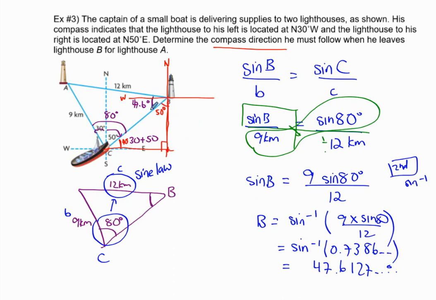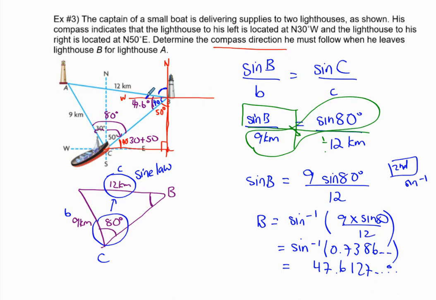Okay, so now we know this angle, we know this full angle, and I want either this little one or this one. Now I will be able to find this little one. I know that 50 plus this one will give me 90 right to my west line. So this will be 40 degrees. Oh man, that's hard to see. Just a sec. There, a bit better. 40 degrees. And I know that this whole one is 47.6.